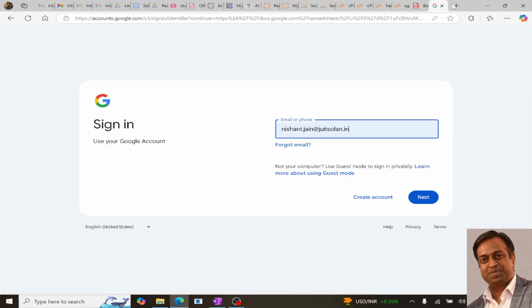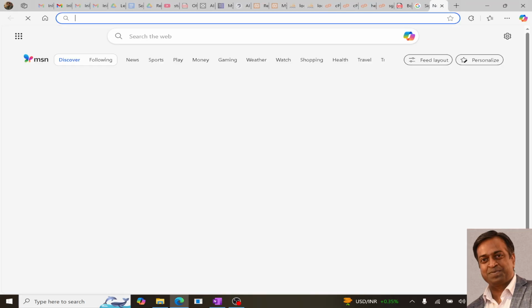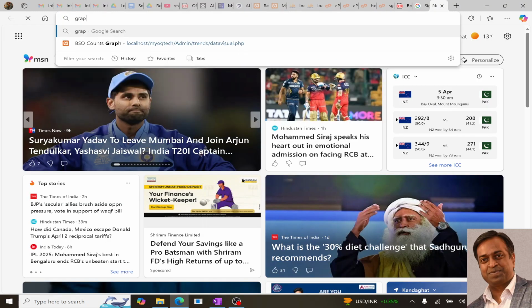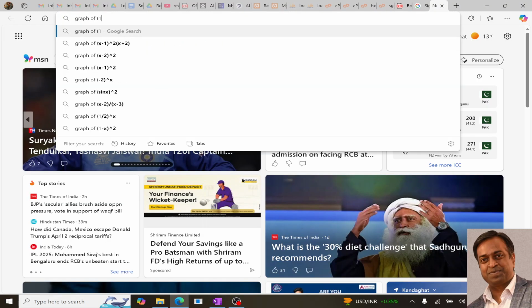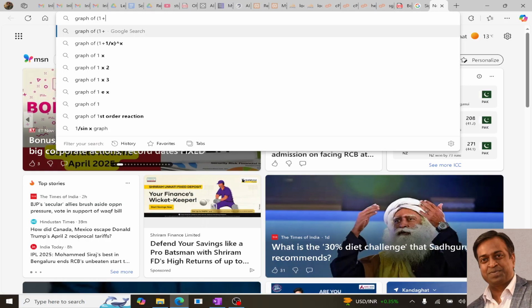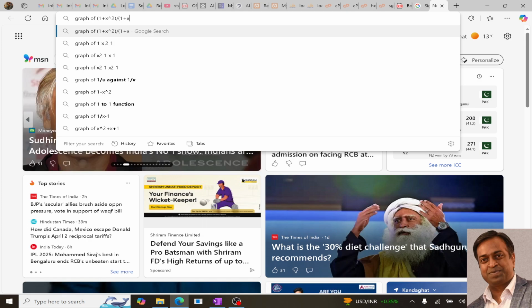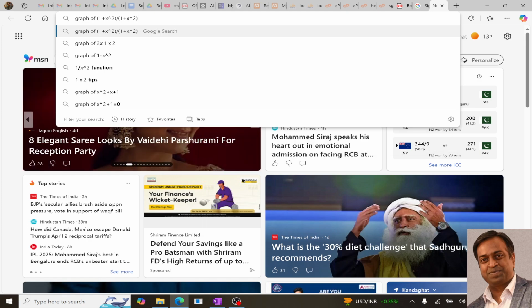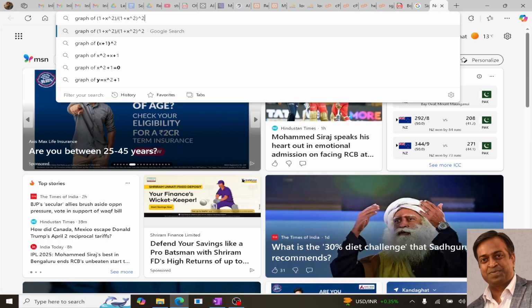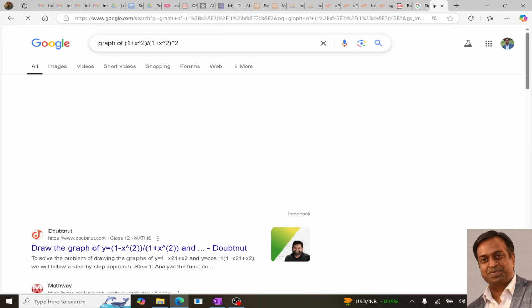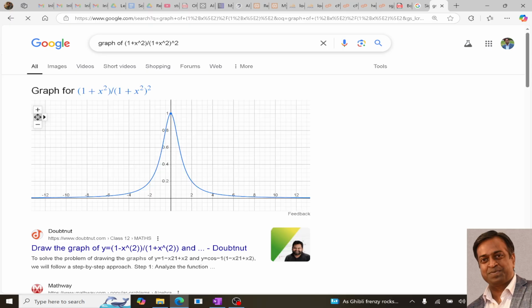If you plot a graph of 1 minus a square upon 1 plus a square the whole square, Google is going to give us the graph for this.